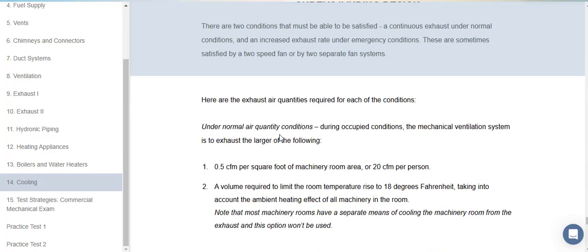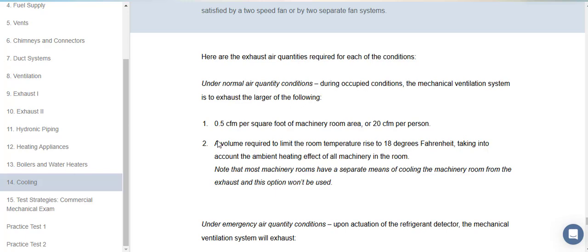Under normal air quantity conditions during occupied conditions, the mechanical ventilation system is to exhaust the larger of the following. Number one, 0.5 CFM per square foot of machinery room area or 20 CFM per person.